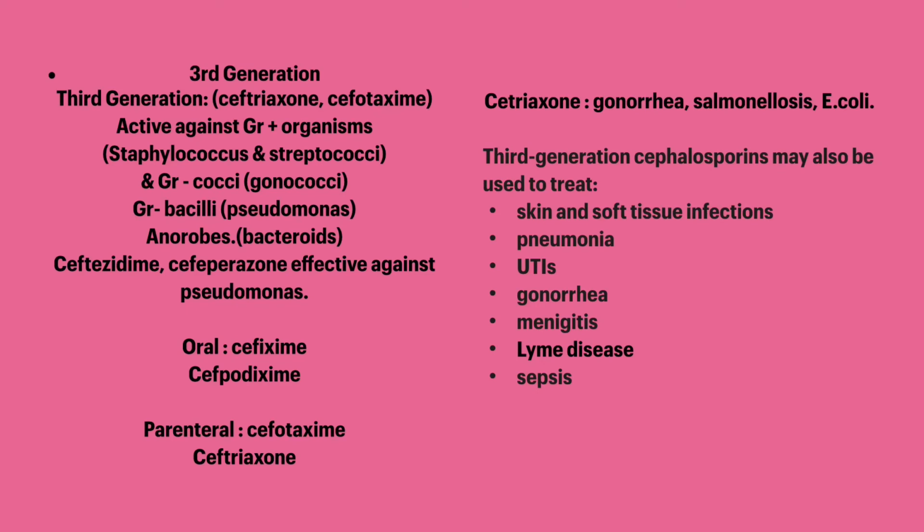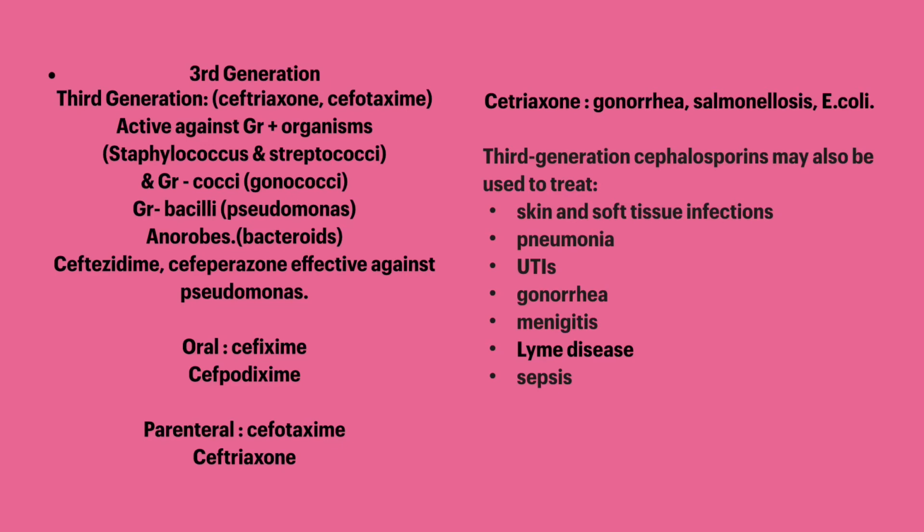So now we look into the third generation, which is ceftriaxone and cefotaxime, active against gram-positive organisms, staphylococci, and gram-negative cocci, gonococci, and gram-negative bacilli, Pseudomonas and Bacteroides, and ceftazidime and cefoperazone are effective against Pseudomonas.